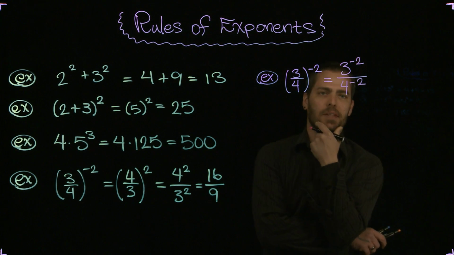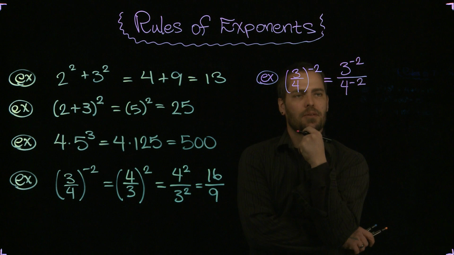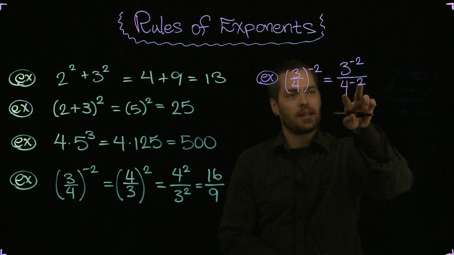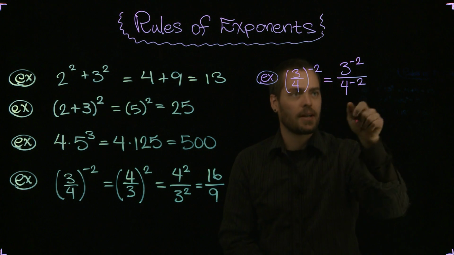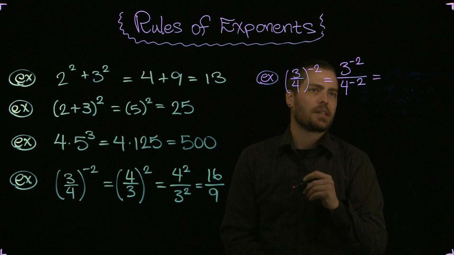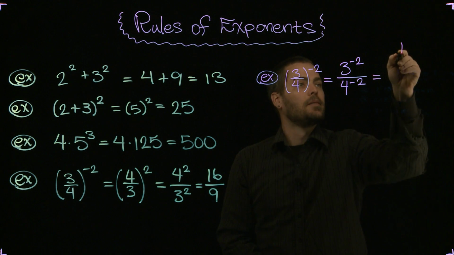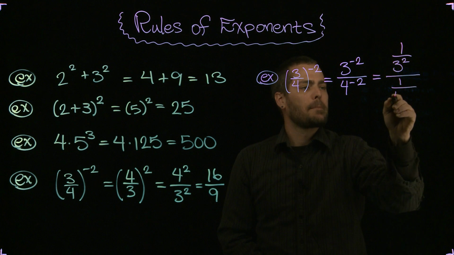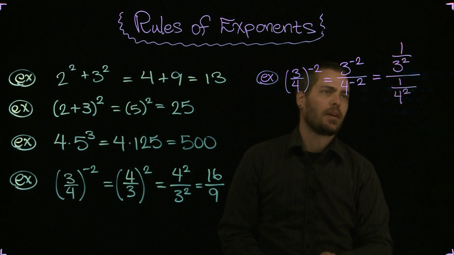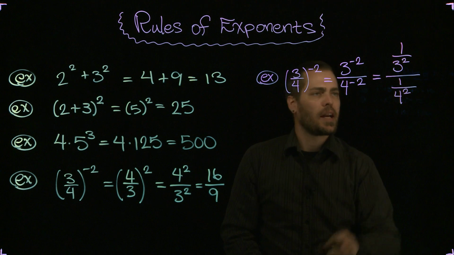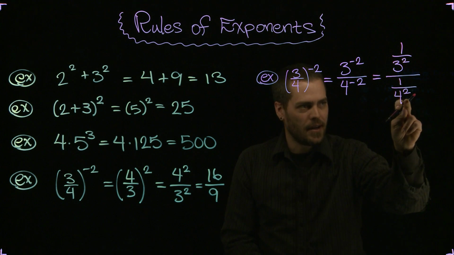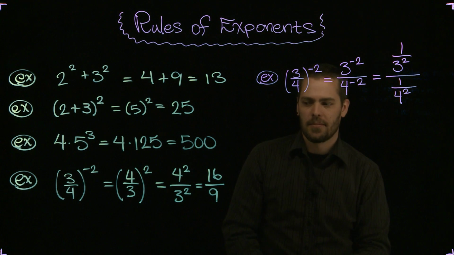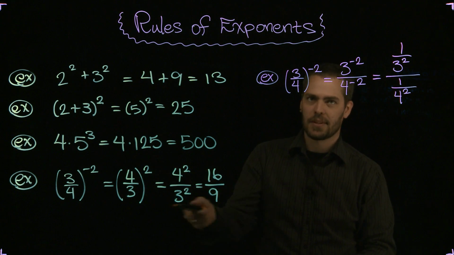Now that's kind of interesting because 3 to the -2 all by itself is 1 over 3 squared. And 4 to the -2 all by itself is 1 over 4 squared. So what this represents, one way I could write it is like this. 1 over 3 squared over 1 over 4 squared. Okay. Wow, that looks weird. And I could evaluate those exponents right now that I have them in a positive exponential form. But I'm going to keep those exponents there just to show you that this really is the same as this in the end.